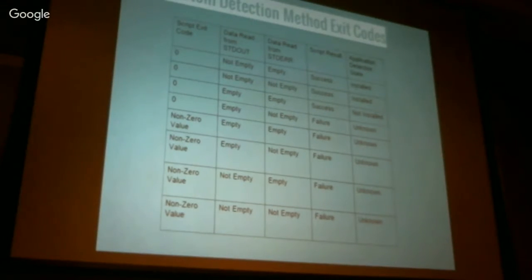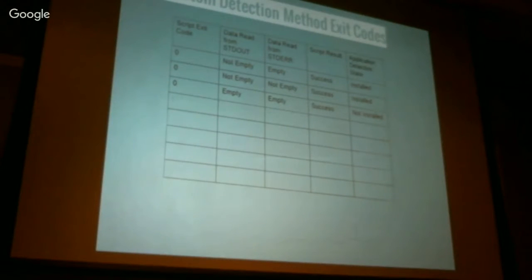So if we go back here, your main ones you want are to exit with an exit code 0 and leave nothing, and that's going to say it's not installed. Or the one that I always choose as a reference that it was installed is an exit code 0, and I have it do a Write-Host, for instance, Success.